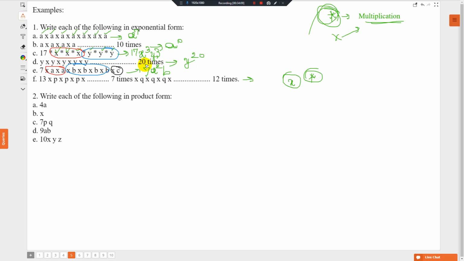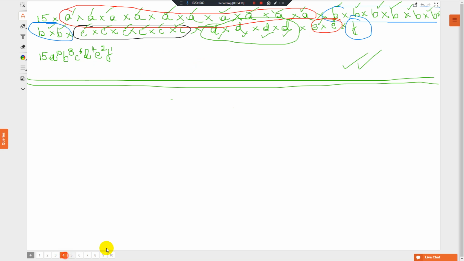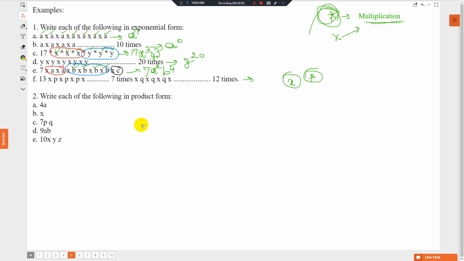How many times? 4 times. 1, 2, 3, 4. So 4 is written upon b. Now the last one, there's just one c. We just write the same letter. See, completed.